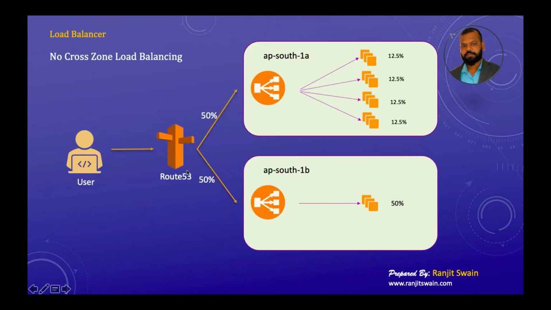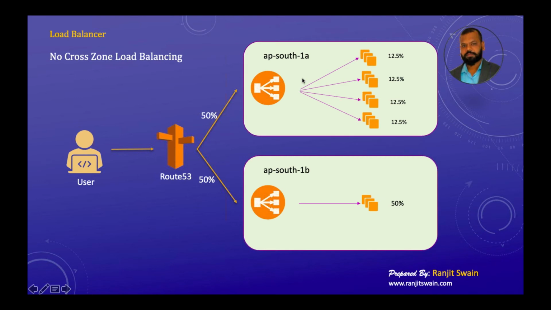Apart from that, we'll also understand what cross zone load balancing is. Cross zone load balancing enables you to load balance across multiple availability zones. As we saw, in one region we have three availability zones, and it is not mandatory that all the servers are in one availability zone.